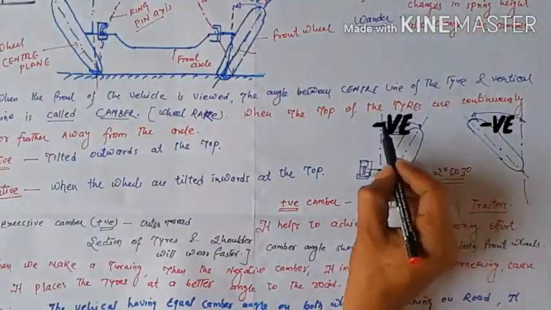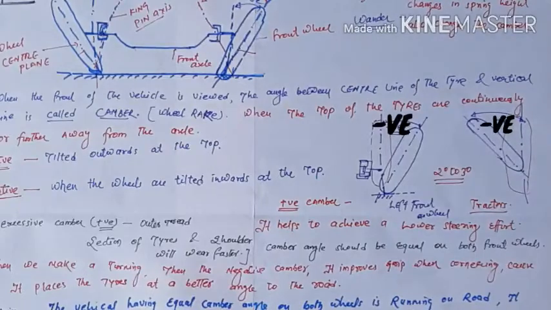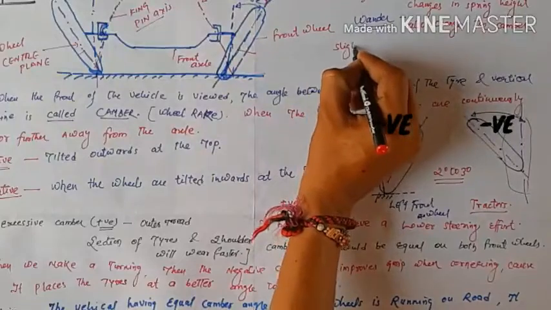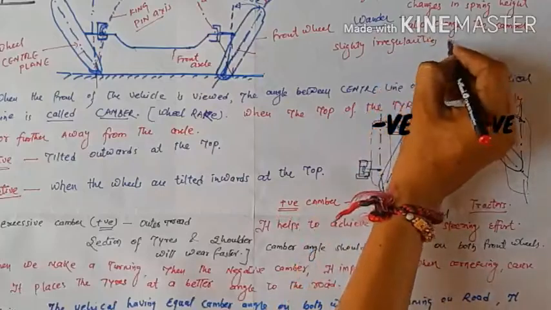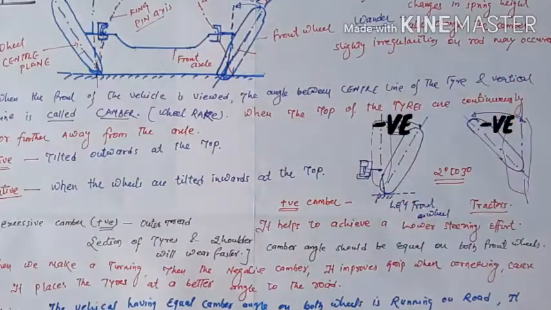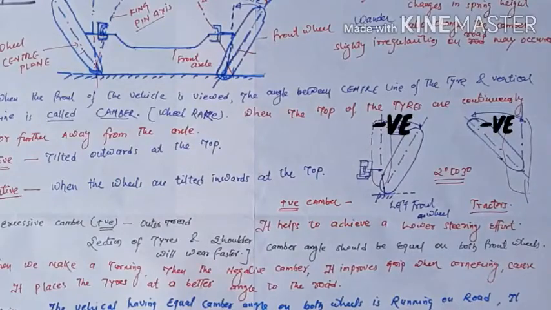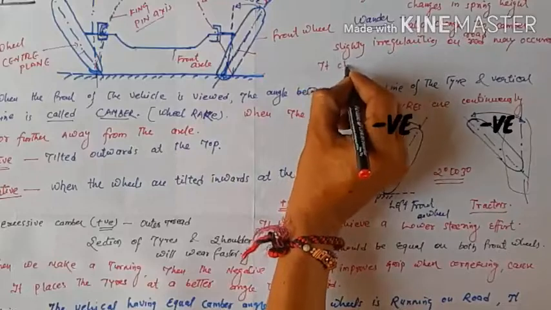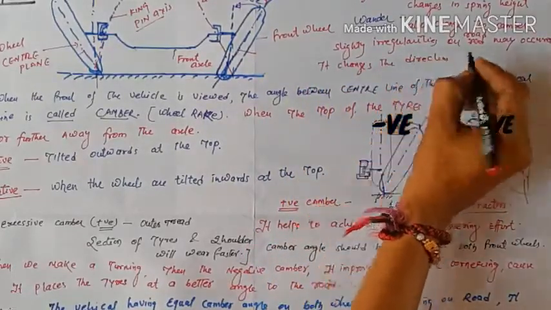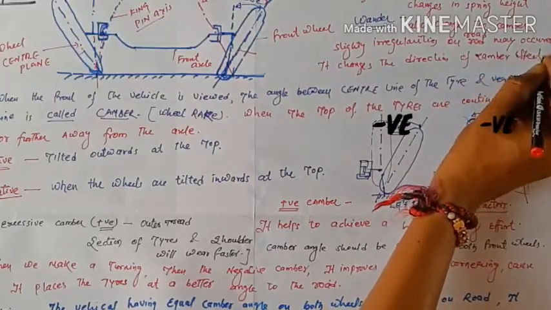With a 0 degree camber, if slight irregularities on the road occur, then the wheel load changes the direction of the camber effect, and this is known as wander.